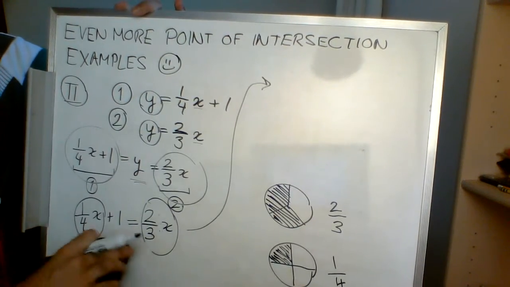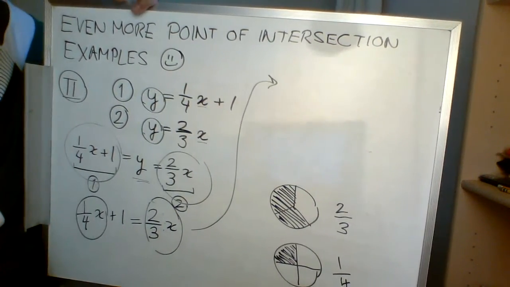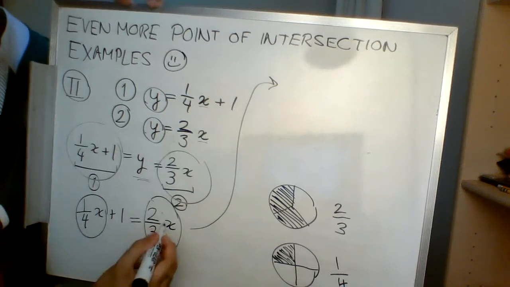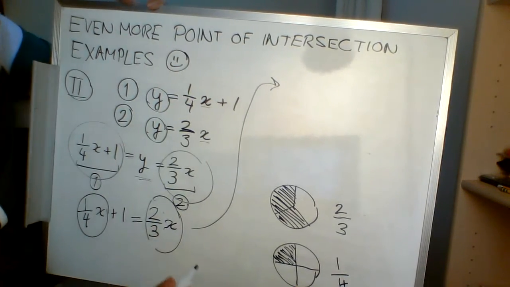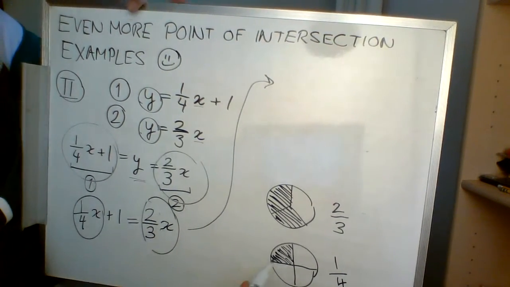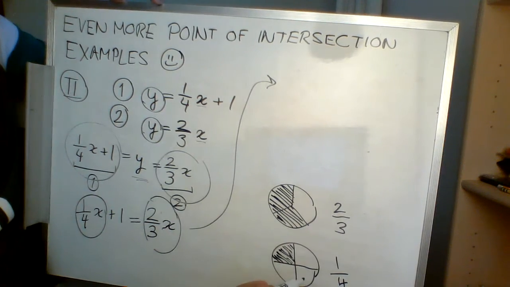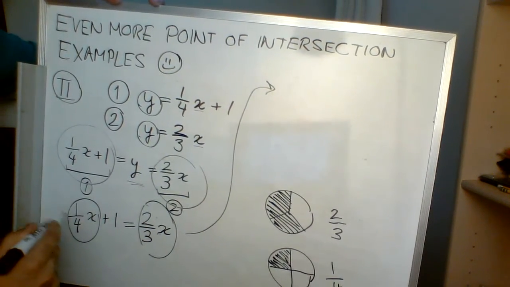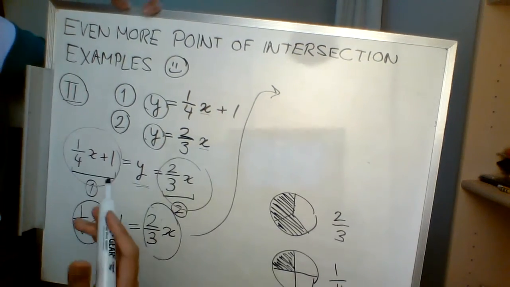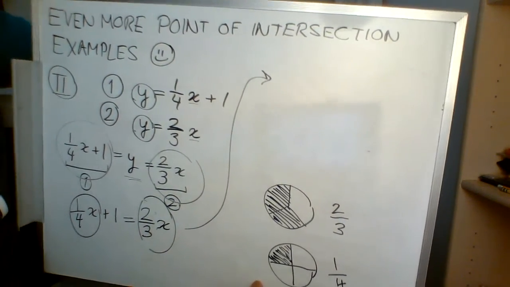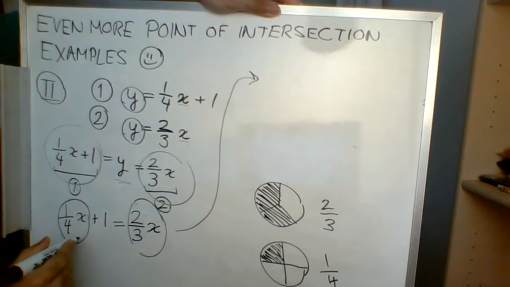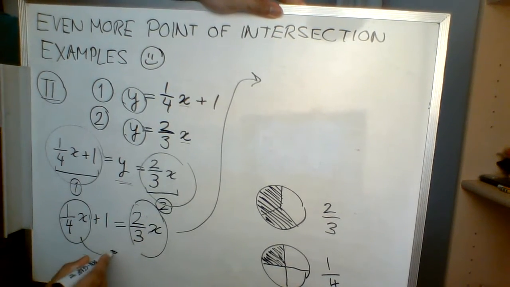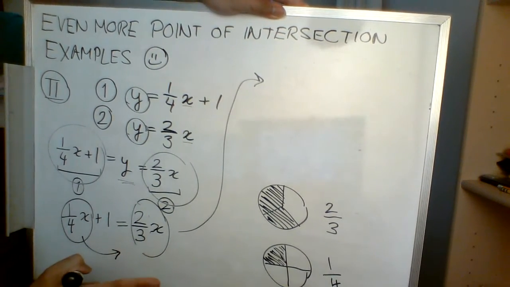Now, what I want to do is avoid having that minus sign. So there's no wrong way to go about it, it's just what you prefer, what you find more convenient. For me, I'm going to notice that 2/3 is larger than 1/4, so I want the 1/4 to have the minus sign in front of it, so that when I do the subtraction, I get a positive answer. So basically I need to move this 1/4 x over to the right side.